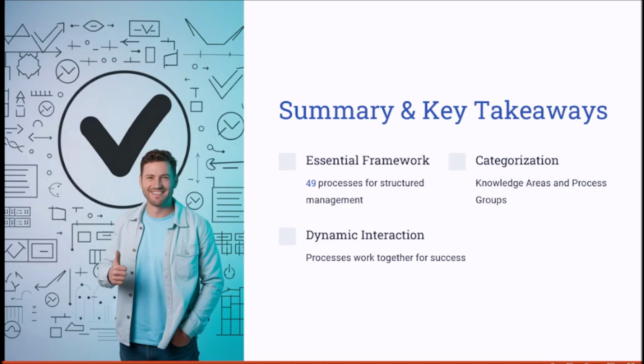Each process belongs to a knowledge area and a process group, and these processes interact dynamically to ensure project success. And mastering these 49 processes helps project managers to effectively plan, execute, monitor, and close projects, ensuring at the end of each project a successful project delivery.